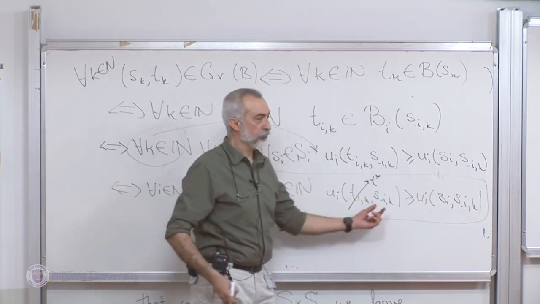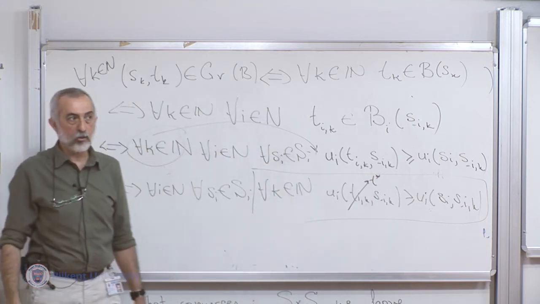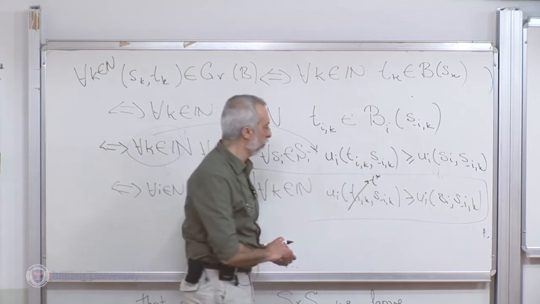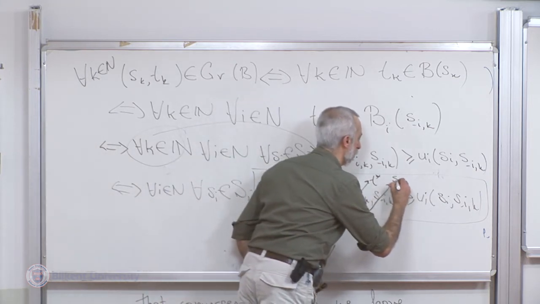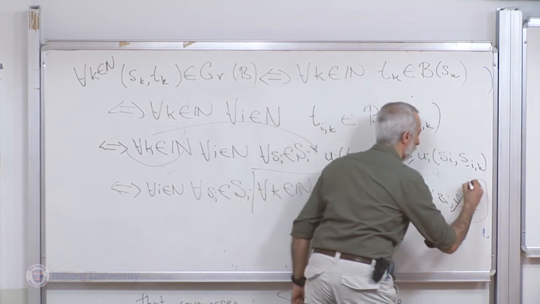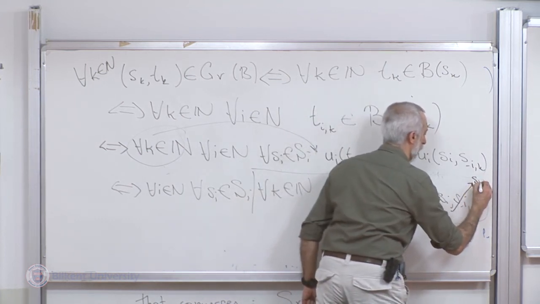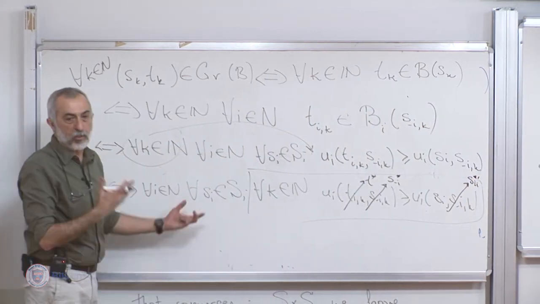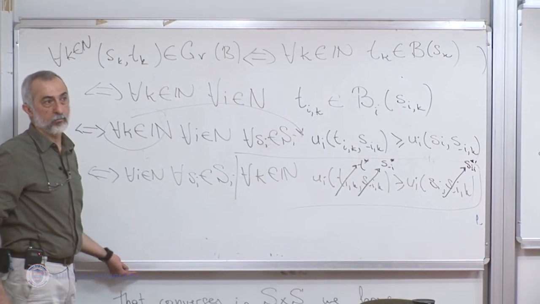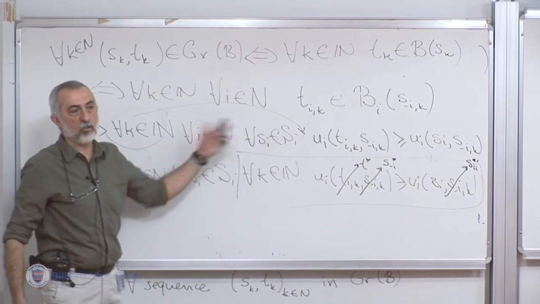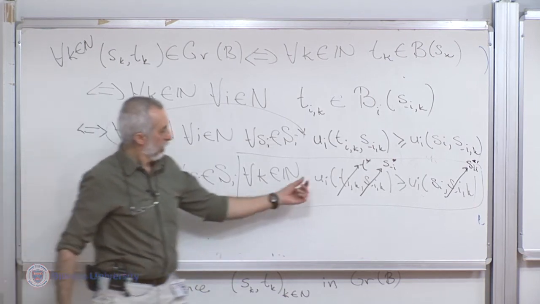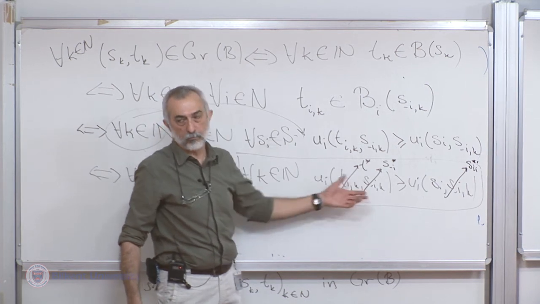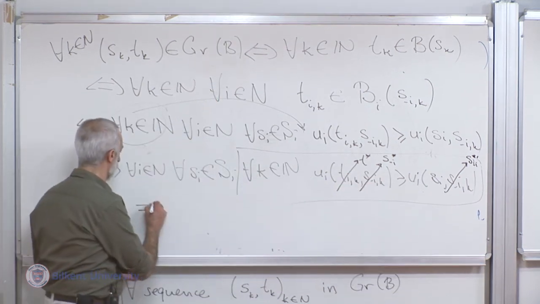We know that Ui is continuous in S minus I. So as k goes to infinity, this converges to S minus I star. Okay? And actually that finishes the proof. So the key is just interchanging the universal quantifiers and making use of the fact that Ui is continuous in all components.